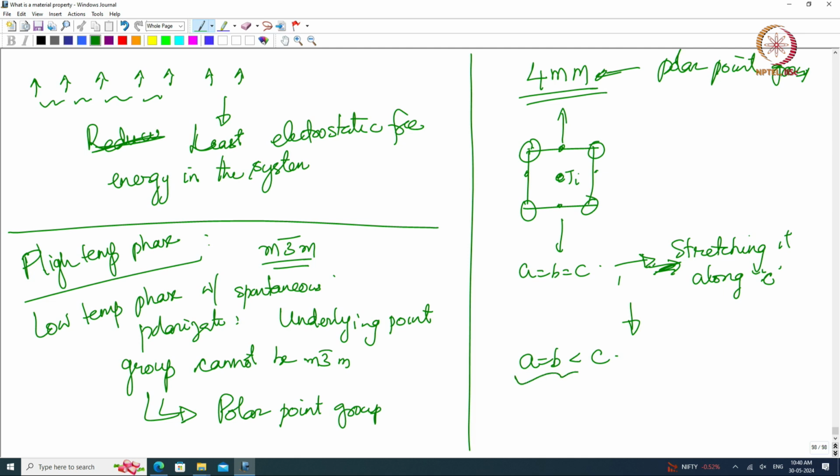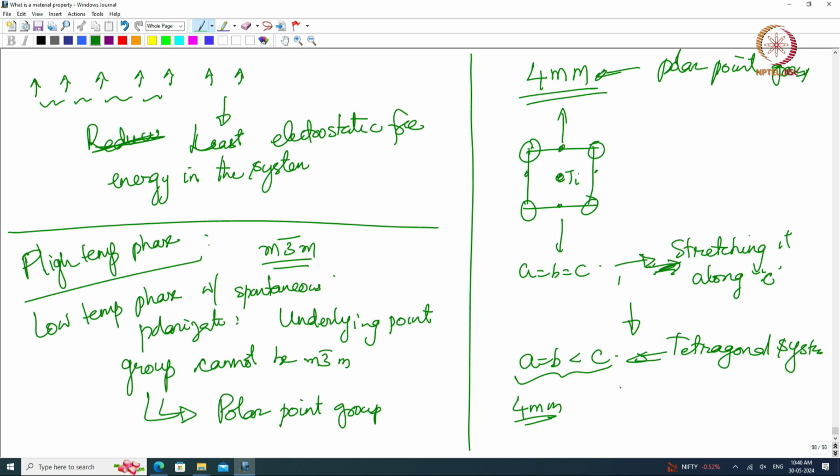So, that becomes a tetragonal system. Now I have a unique axis, and the point group is 4mm. So, I have a unique fourfold axis about which I am also generating a polarization.